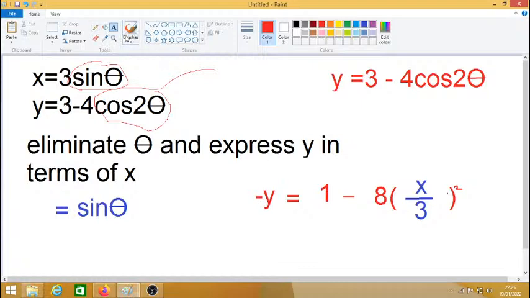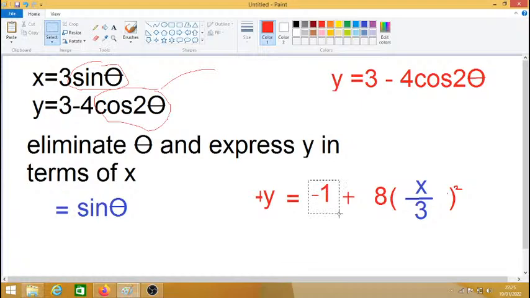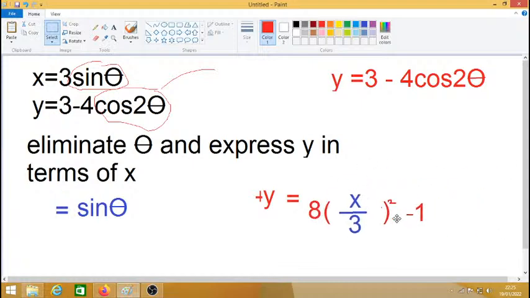So the minus y will become a positive y, the positive 1 will become a negative 1, and the negative 8 times x over 3 squared will become a positive. Let's swap so that the positive starts and the negative can go at the end, and I can get rid of that and get rid of this. And that's your final answer.